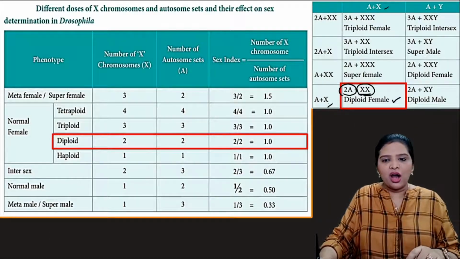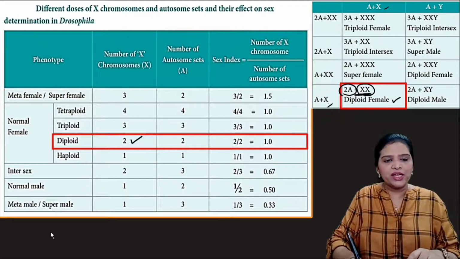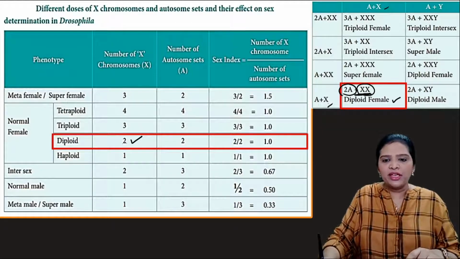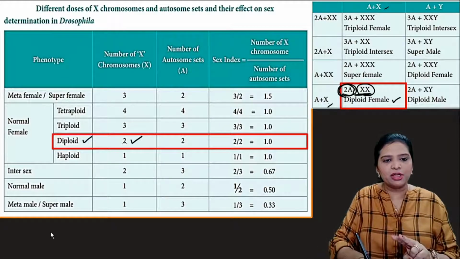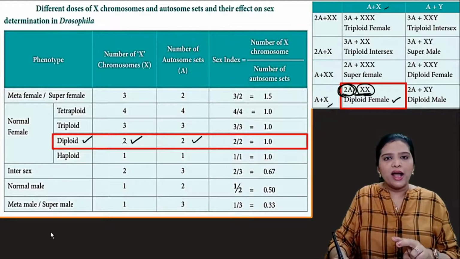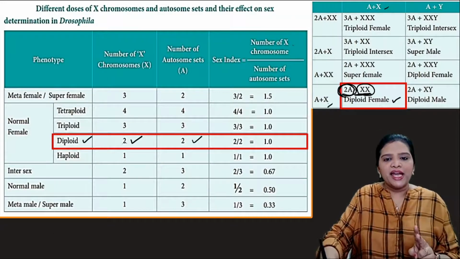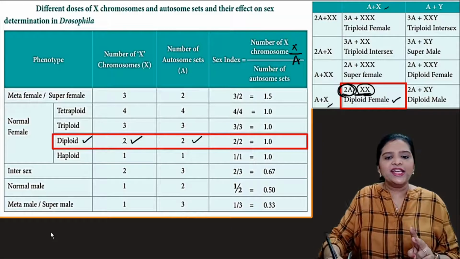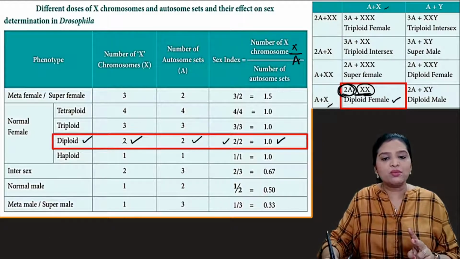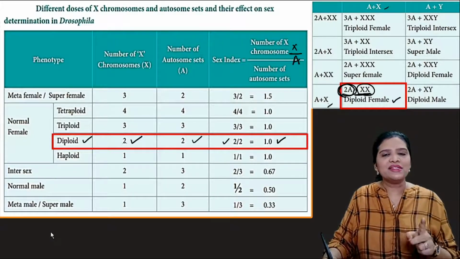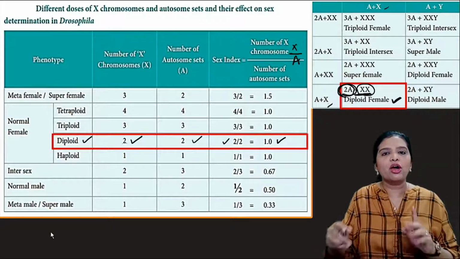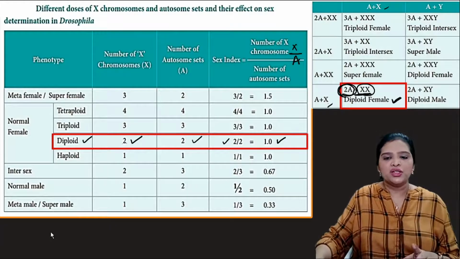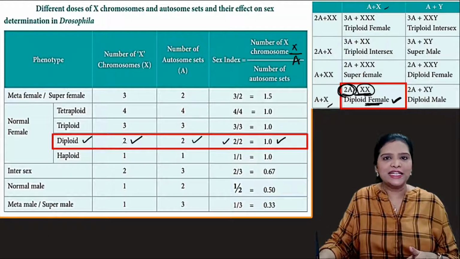So look here, how many X chromosomes are present in this organism? 2 X chromosomes. Okay, so that's why it is written 2. How many autosomes are present? 2 autosomes. Diploid condition, right? So apply the formula. X divided by A, so 2 divided by 2. What is the answer? 1. So we know that if the sex index ratio is 1, that organism is a normal diploid female. So accordingly, this organism is a diploid female.